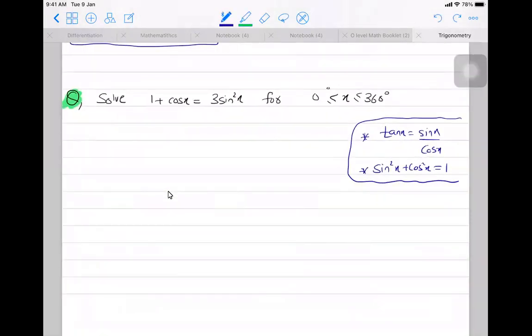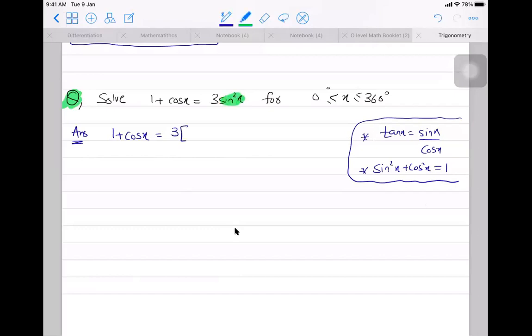All right. So what is the first step that comes to your mind? 1 plus cos x is equal to, you can take sine square x and change it to 1 minus cos square x.